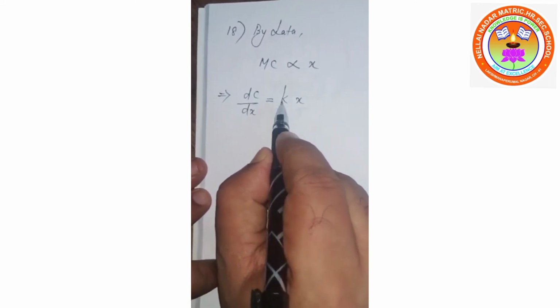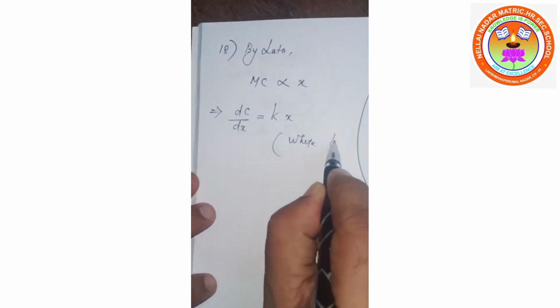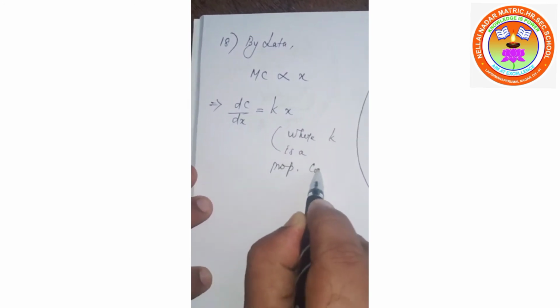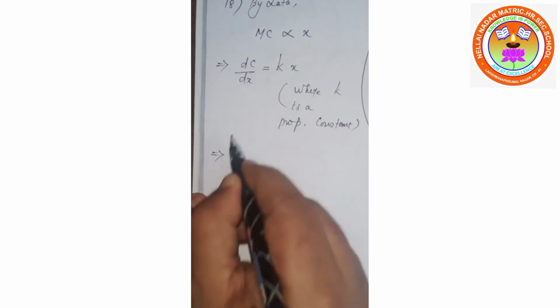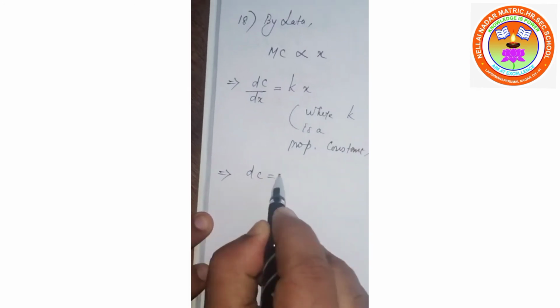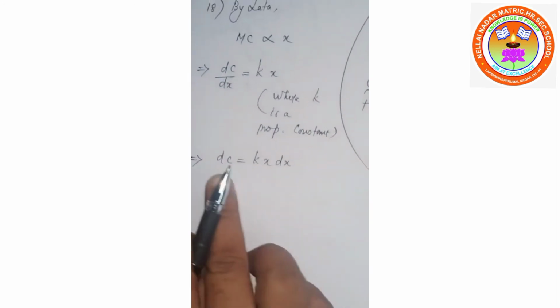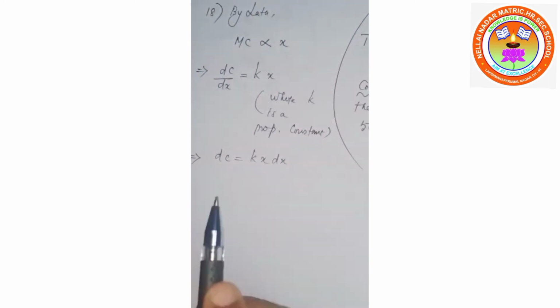K refers to the proportionality constant. Which implies, I am retaining dC on the left hand side, cross multiply: dC equals Kx into dx. So variables are separated, C on one side, x on the other side.